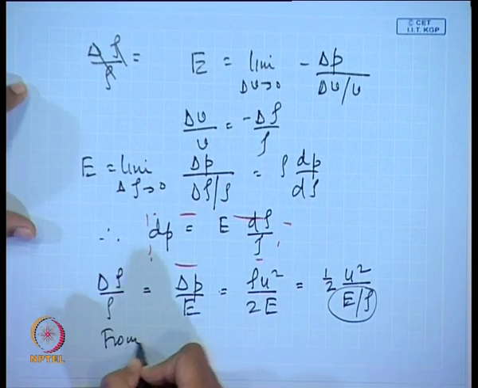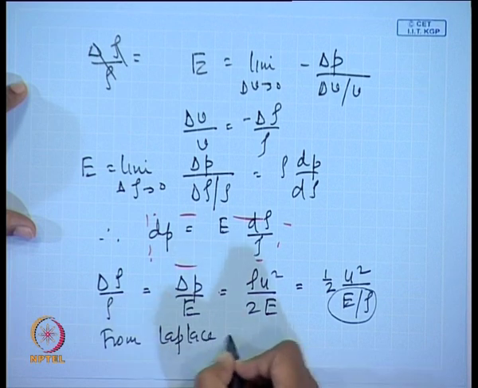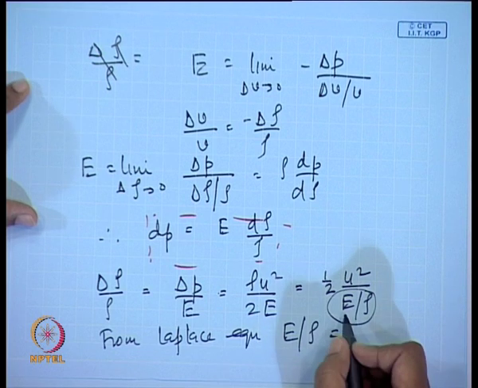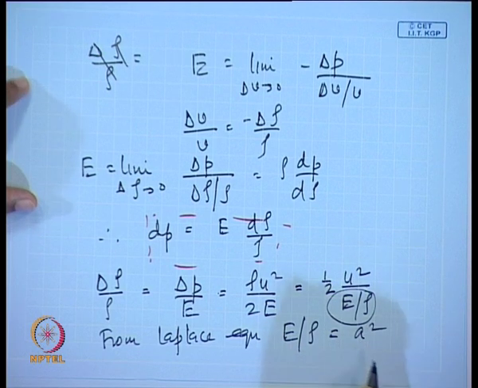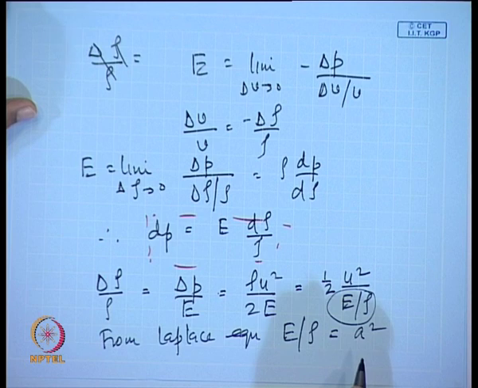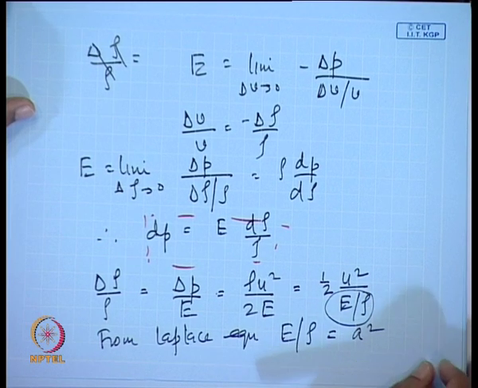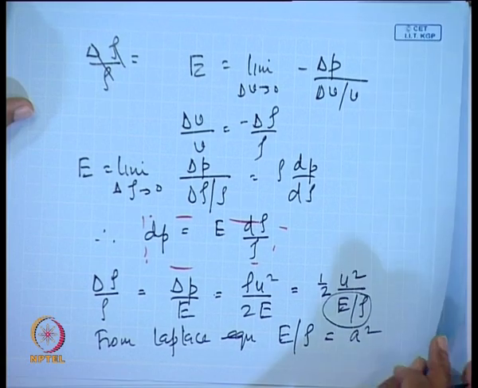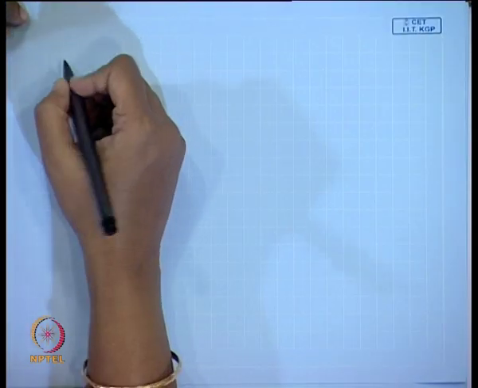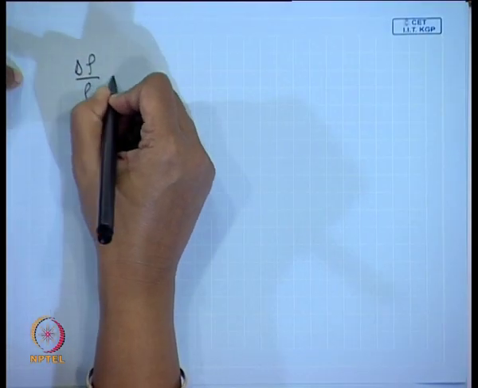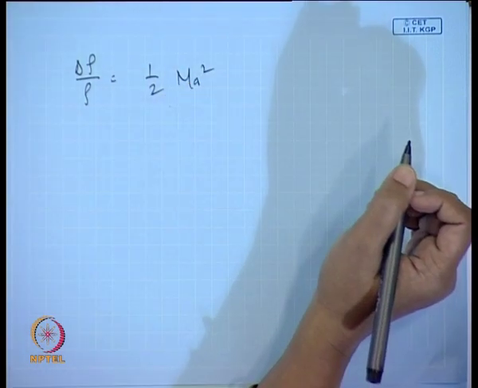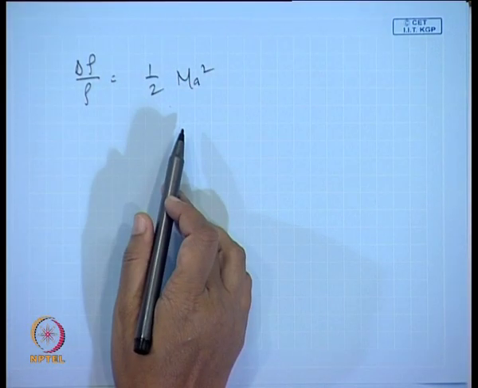From Laplace equation, any idea of what is this E by rho? Very good. E by rho is nothing but A square, where A is the acoustic velocity or the velocity of sound in that particular medium. So, what do we get? We get delta rho by rho is nothing but equal to half M a square, correct. So, from this equation what do we get?